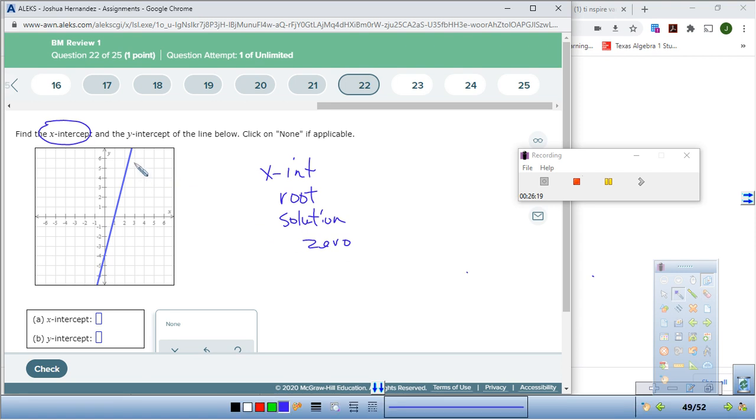You got to make sure you know where they're at. The x-intercept is where a line crosses the x-axis, -1. The y-intercept, -4.